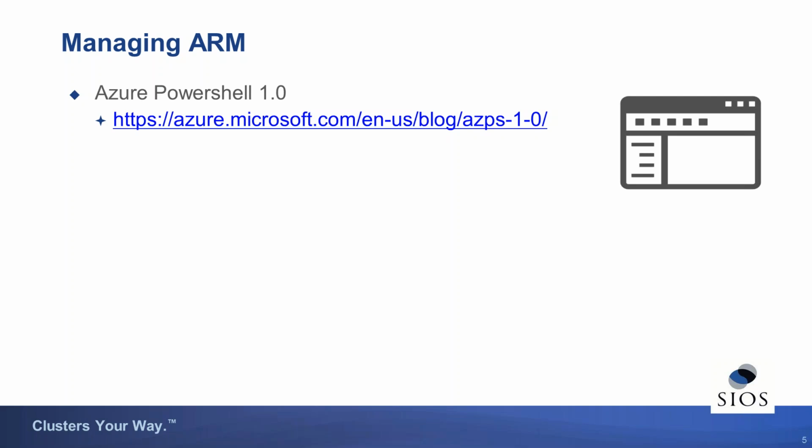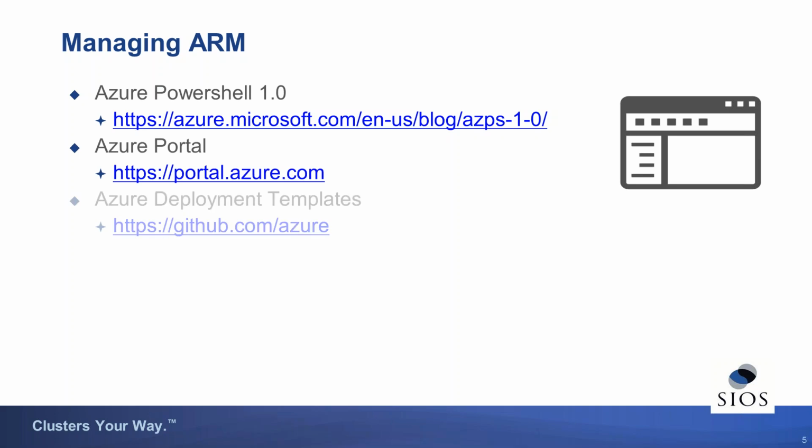So you definitely want to get the latest version of PowerShell, and then you can use PowerShell to manage ARM. Of course, there's the Azure portal, which we'll take a look at in detail in this demonstration coming up in a moment. Those are two ways that you've been able to manage Azure, even in the classic version, through PowerShell and the portal.